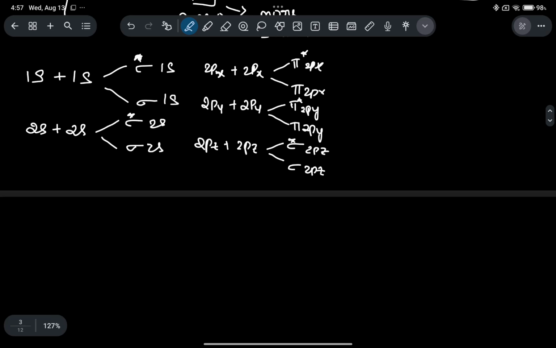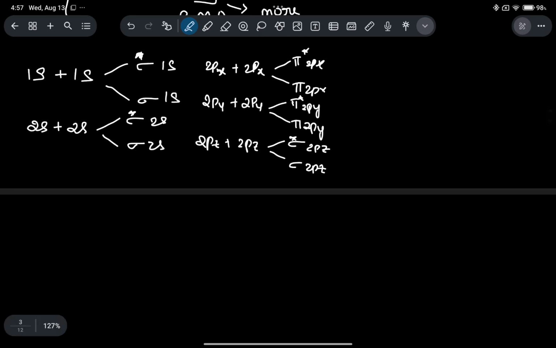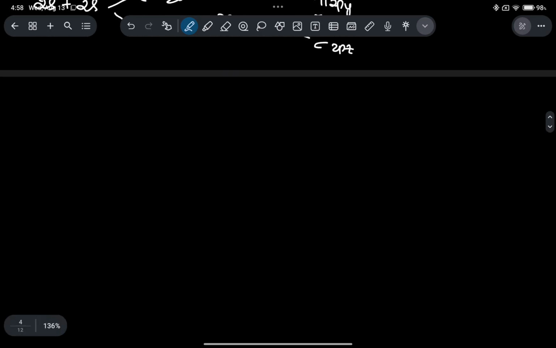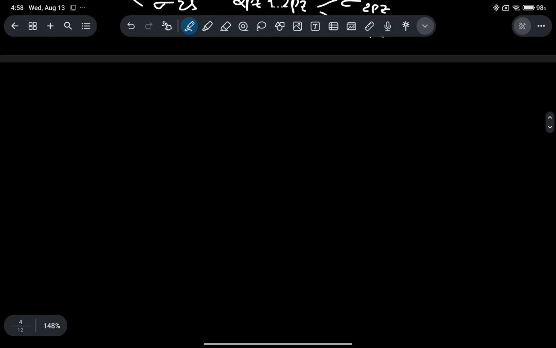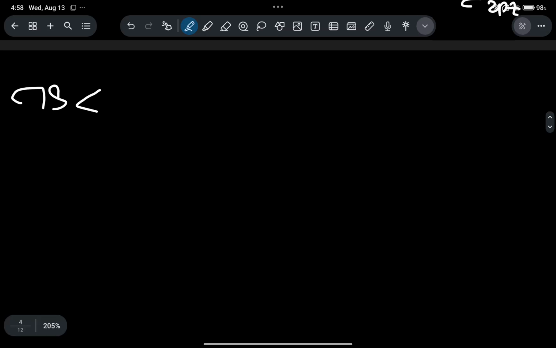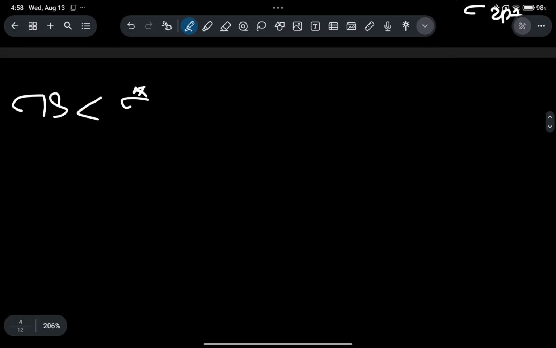Okay, let's continue. Now, how to write the molecular orbital electronic configuration. There are two types of writing the molecular orbital configuration. We write directly: sigma 1s. I'm writing the energy order, so you can understand which orbital has more energy. Sigma star 1s, sigma 2s, sigma star 2s.